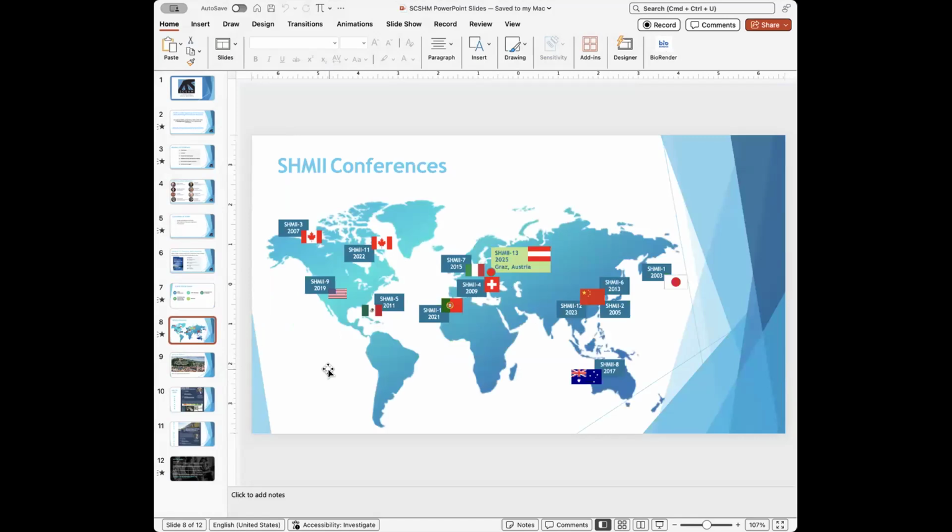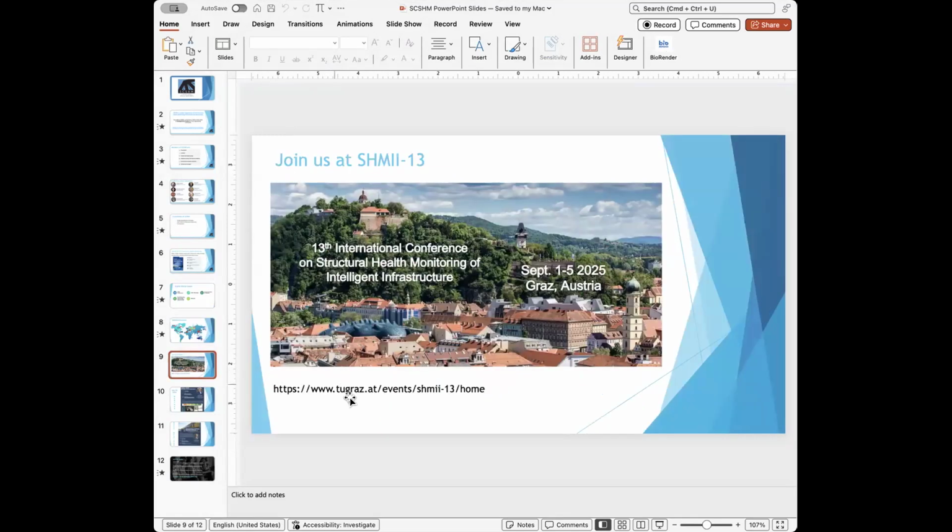These are some of the past and upcoming conferences of the Society. The next one, which is the 13th International Conference on Structural Health Monitoring of Intelligent Infrastructure, will be held in Graz, Austria, September 1 to 5. We look forward to seeing as many of you as possible.